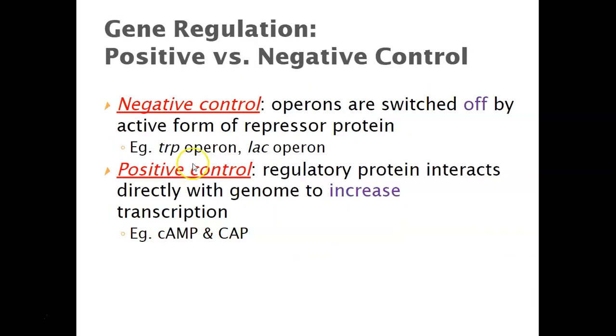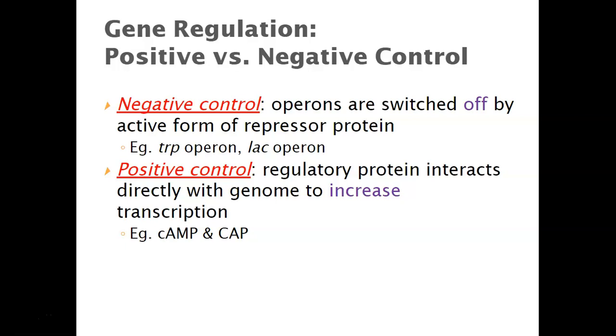We've talked about positive and negative feedback before. Negative just means that you switch the operon off by the repressor. Whether it's inducible or repressible, it's negative control because you're like a thermostat trying to get a happy medium of amount.